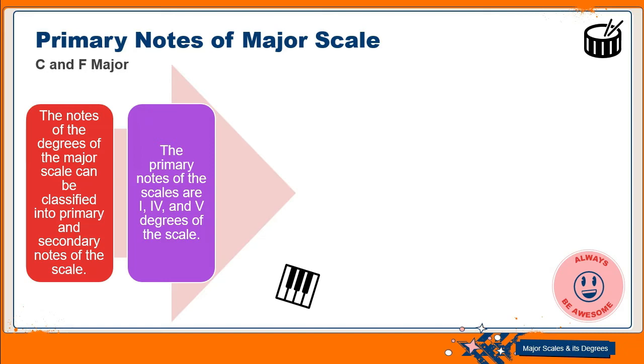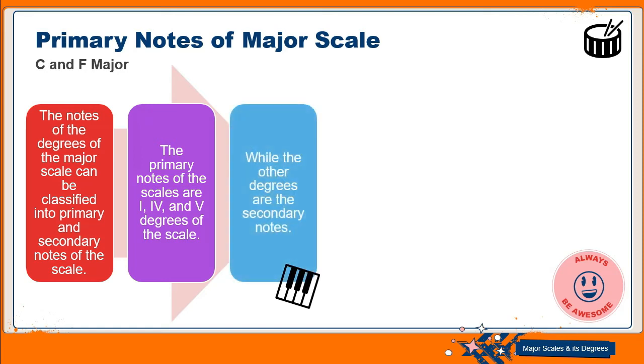So whatever note that is in the 1st, the 4th, and the 5th degree, they form the primary notes of every scale, while all other degrees make up the secondary notes of the scale. Secondary notes will therefore be the 2nd degree, the 3rd degree, the 6th degree, the 7th degree, and those form the secondary notes of the scale.